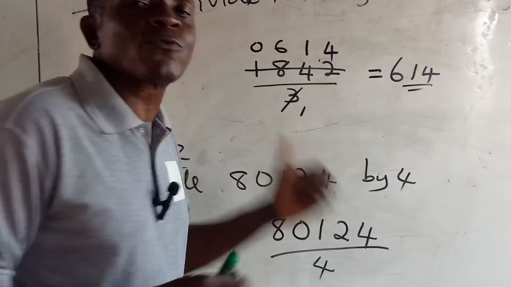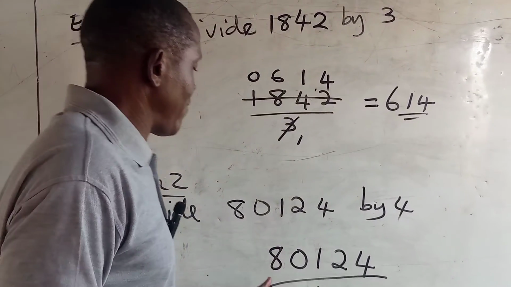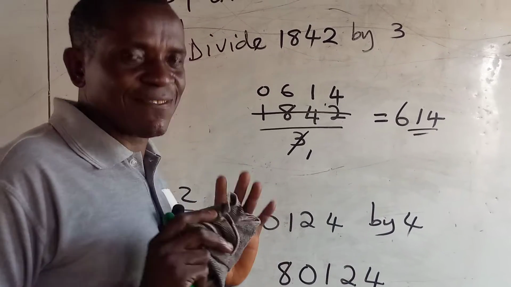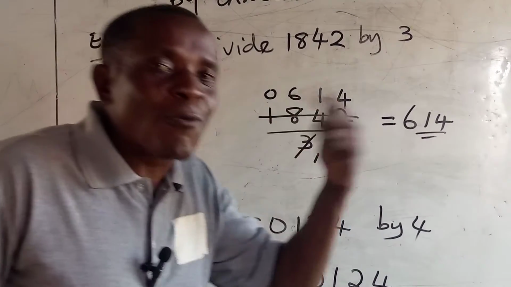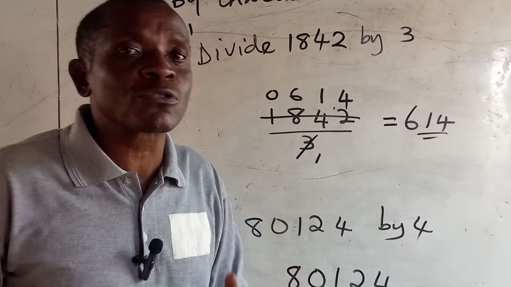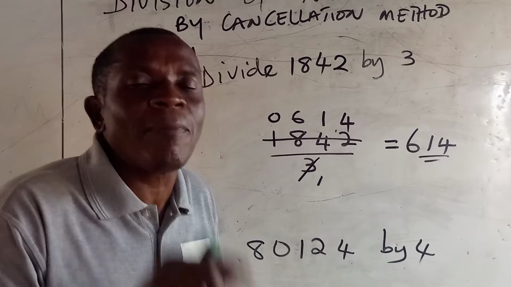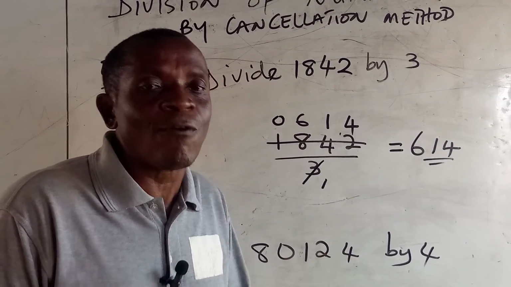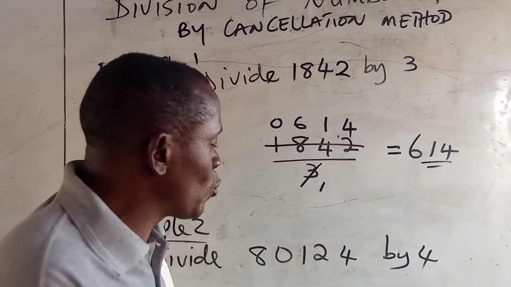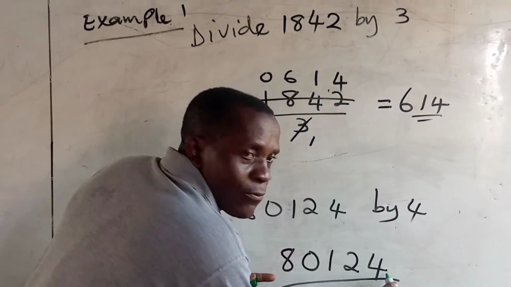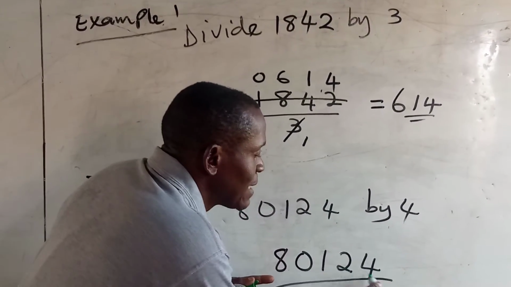Okay, how do I know whether 4 can divide this number without a remainder? I will go back to memory lane to the rules of divisibility of 4, which says a number is divisible by 4 when its last 2 digits are divisible by 4. You see, we consider the last 2 digits.